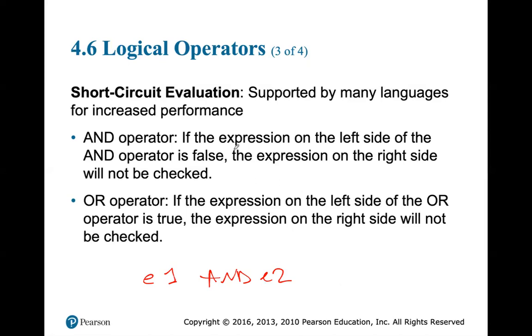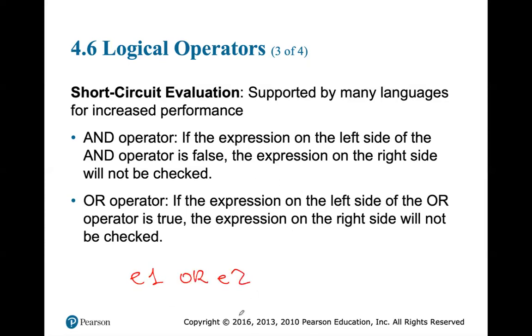Now that makes sense because expression 1 is already false and we have an and, and we know that we need these two to be true for the expression to be evaluated to true. So if our first one is equal to false, we will not be checking the second one at all. Your computer will just skip it as a whole. The same idea applies to the or operator too. Now we have expression 1 or expression 2.